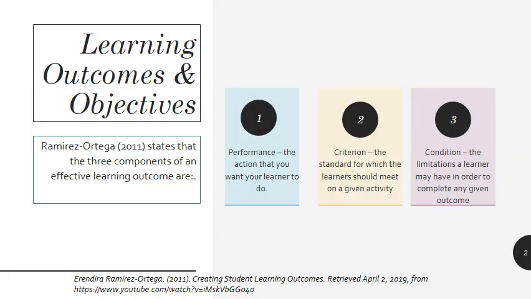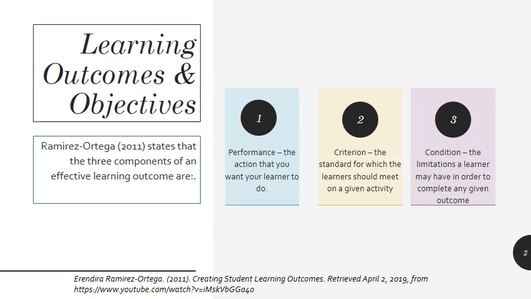As Ramirez Ortega, 2011 states in the video Creating Learning Outcomes, the three components of an effective learning outcome are performance, criterion, and condition. Performance is the action that you want your learners to do. These actions have to be specific and measurable. Criterion is the standard for which your learners should meet on a given activity.